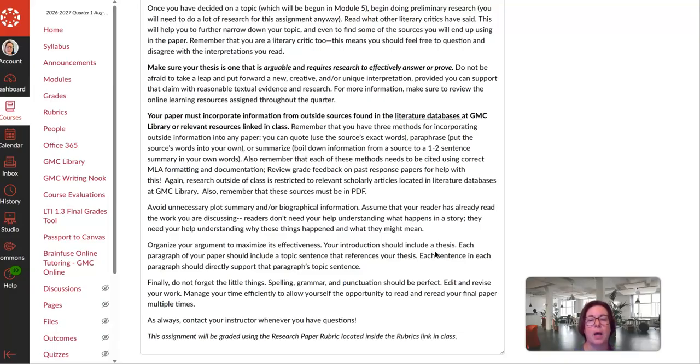Okay. You want to make sure that you're following an organized pattern. Your introduction is going to introduce the topic. It's going to have a hook that's going to get the reader engaged in what you're going to say, and it's going to end with the thesis statement in that introductory paragraph. And then every paragraph that follows is going to refer back to that thesis.